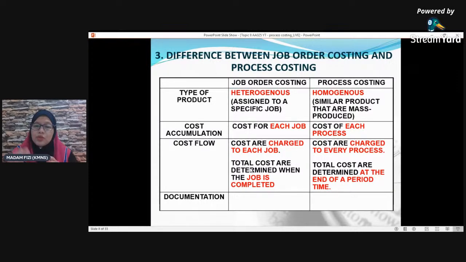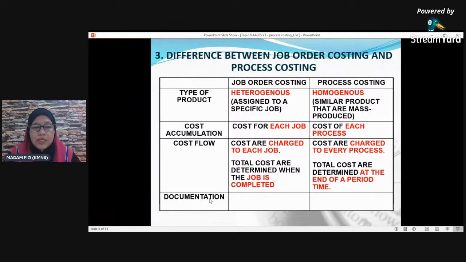So, costs are charged to every process. Okay, so the total costs are determined at the end of a period of time. Maksudnya cost tu dia tak tunggu sampai semua siap. Ya, maksudnya cost tu dia charge pada setiap proses untuk membuat satu-satu produk.